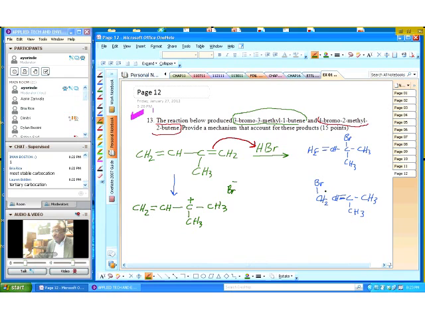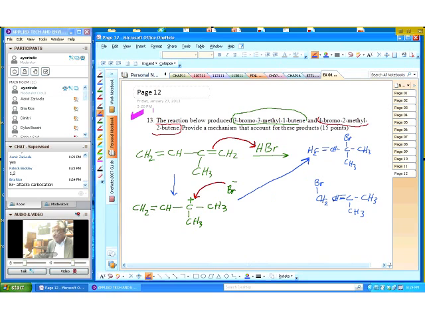Can we explain this product from this here? Yes. If we simply take this bromide to attack this carbocation, that will give us the 1,2 addition product. So this is the product of a 1,2 addition. So we have explained that.